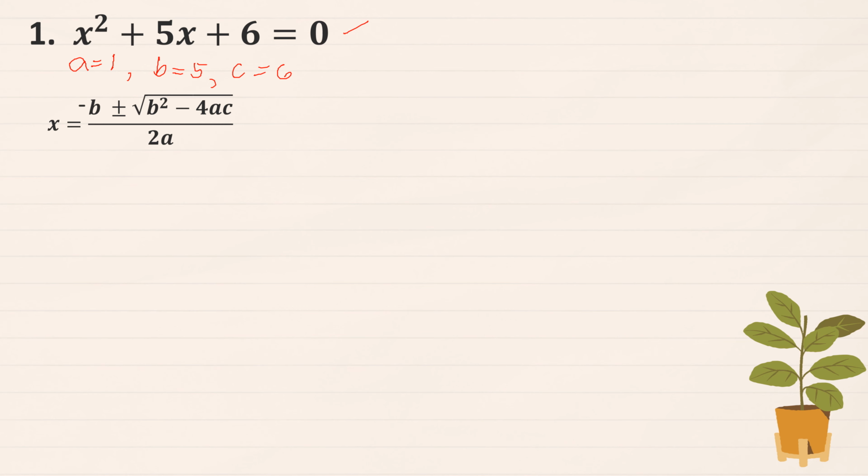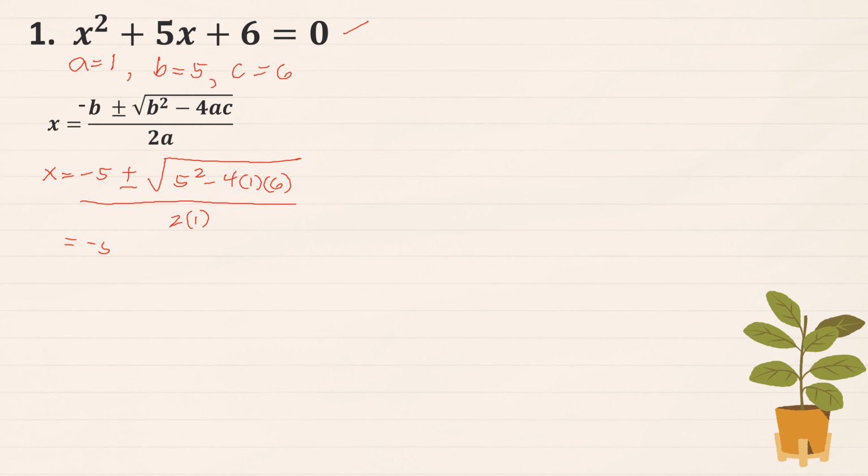So using the formula, x is equal to negative b, and our b is 5, then the double sign plus or minus, and we have b squared, 5 squared, minus 4 times a, which is 1, times c, which is 6, and this will be all over 2 times 1.